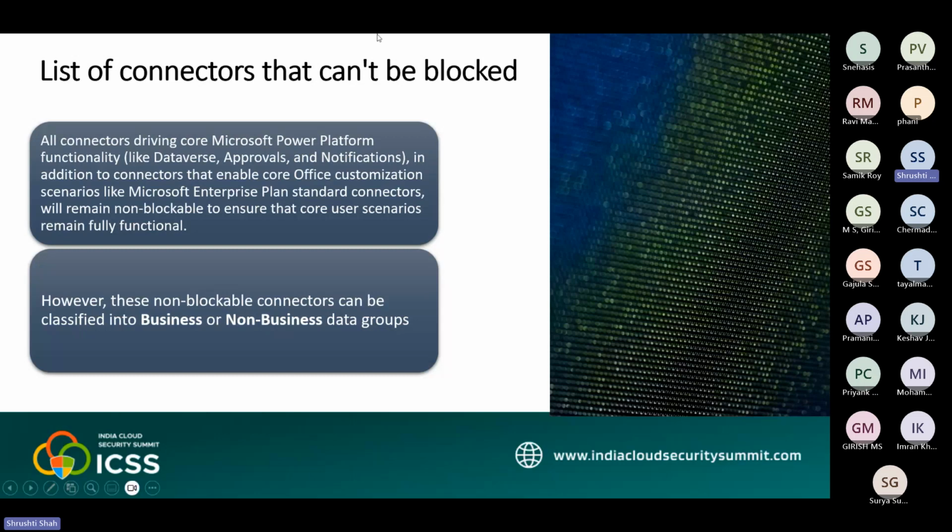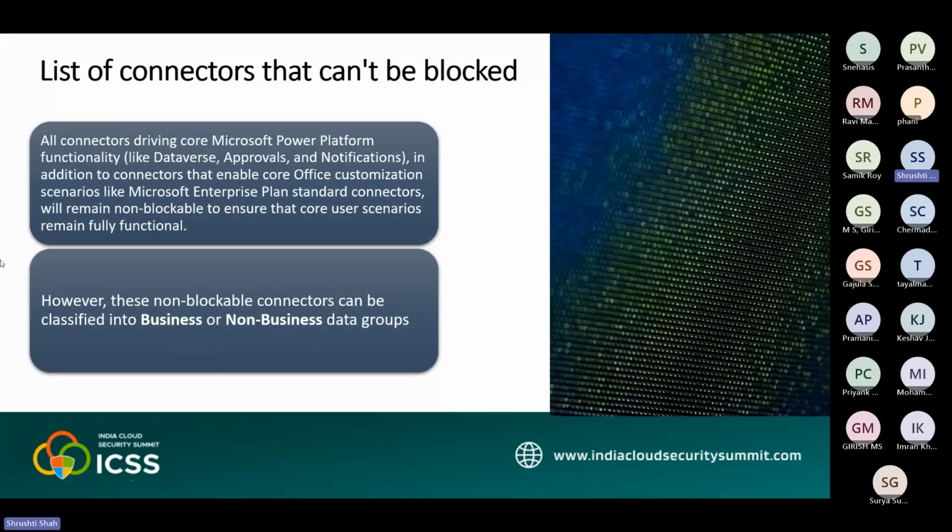These are the connectors that can't be blocked: all connectors driving core Power Platform, like Dataverse, approvals, notifications, in addition to the connectors that enable core Office function customizations, which are part of your Microsoft Enterprise Plan standard connectors like Teams, SharePoint. Those will remain unblockable to ensure that the core user scenarios remain fully functional. That is why these connectors, which are part of the plan, you can never block, and your users can use them.